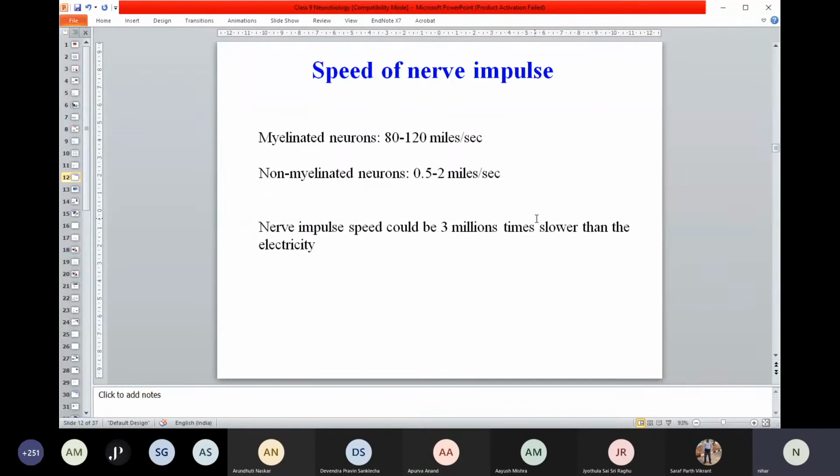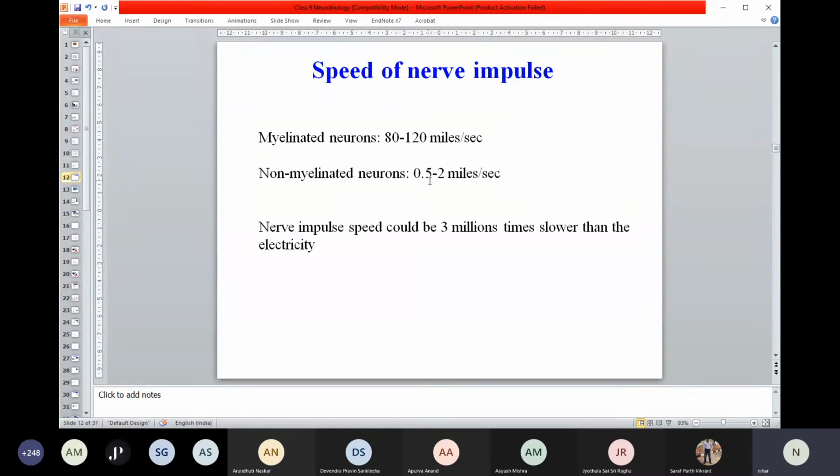Well, now some interesting things, just think. If you compare the speed of nerve impulse between myelinated and non-myelinated neurons, you can think how much the speed can be increased because of myelination. Several-fold. You can think 80 to 120 miles per second in a myelinated neuron, but in a non-myelinated neuron, present in your brain, about 0.5 to 2 miles per second.